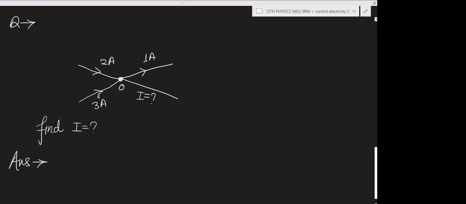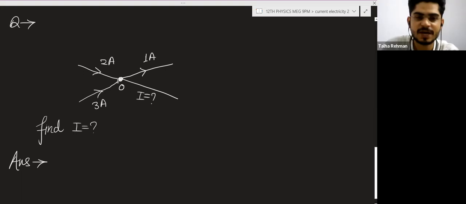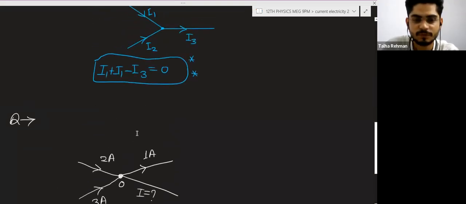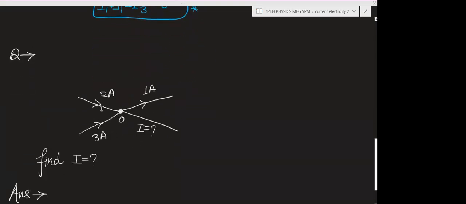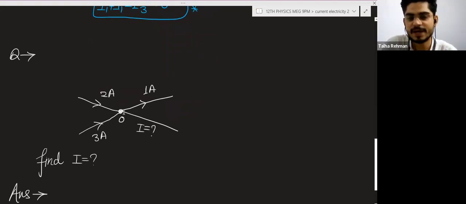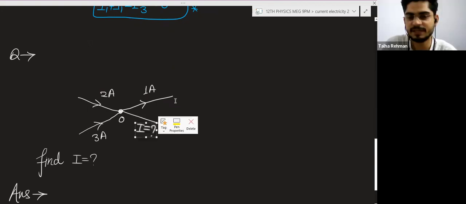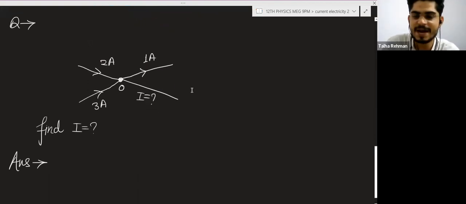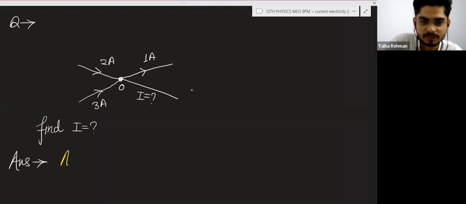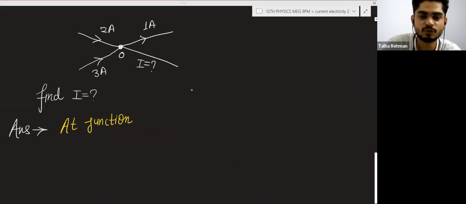Yes, sir. 3 ampere is again going to the junction, and 1 ampere is going out. Entering current you will take positive, and the current going out you will take negative. And the current you don't know, you will not take with a sign. And you know that this is the law: at the junction the total current will be 0.